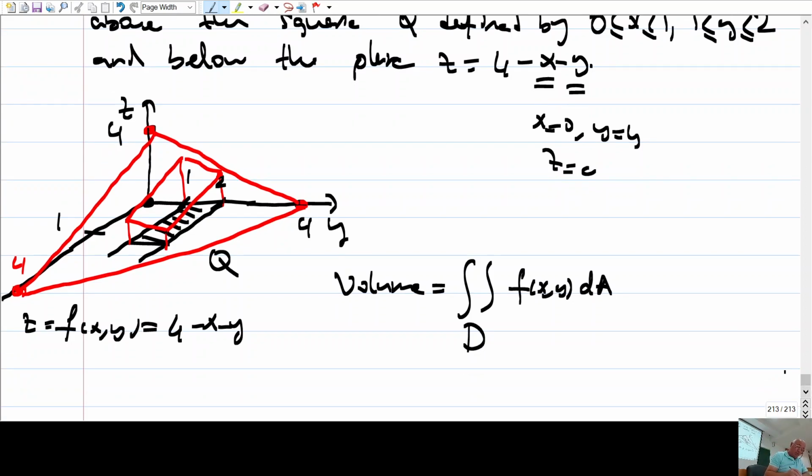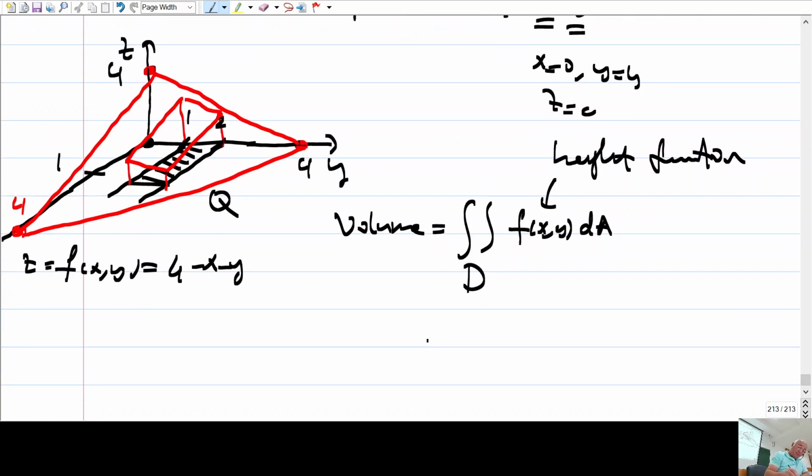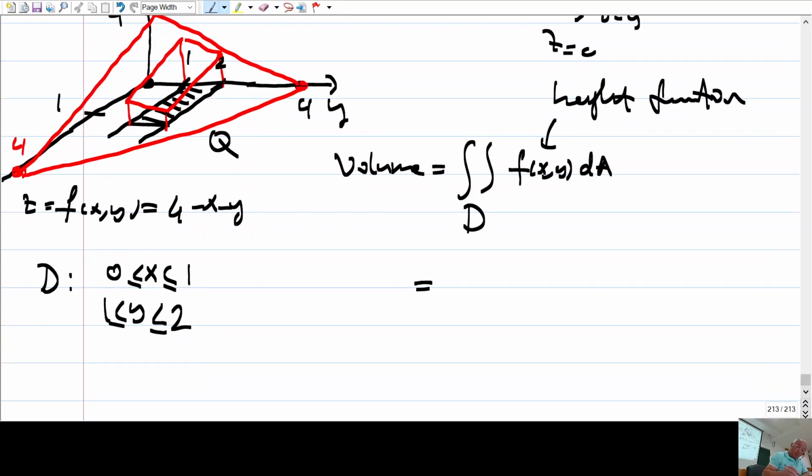So you just integrate the height function over D. So what is this region? D was the following: x from 0 to 1, y from 1 to 2. So this is just a simple region.